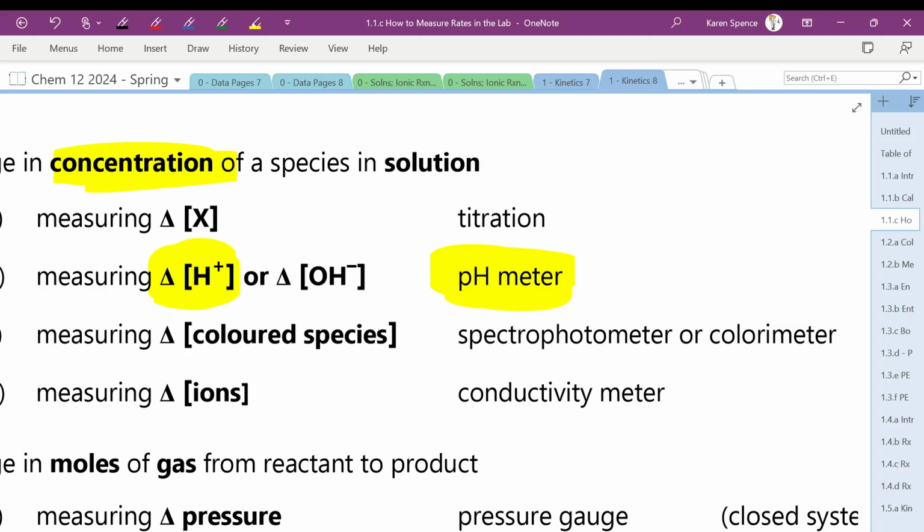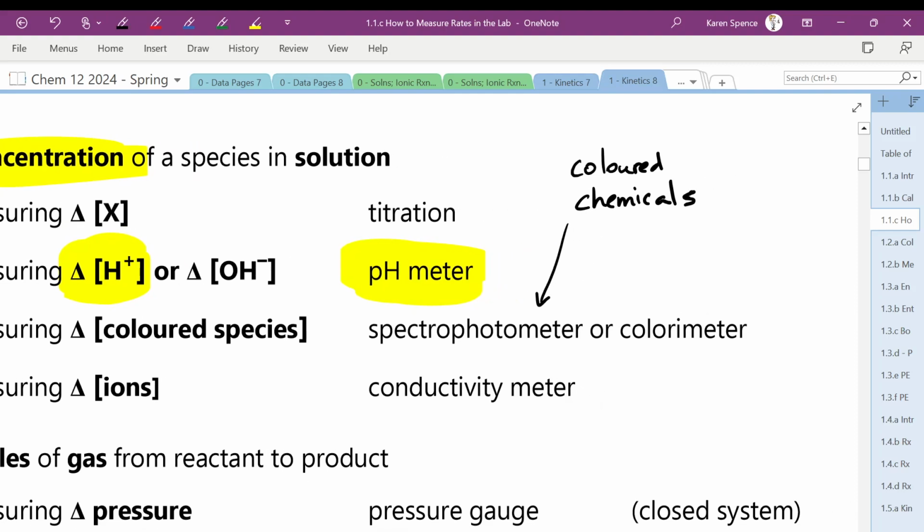But there is a machine that will measure the concentration of something that has a color, okay? Colored chemical species absorb light.